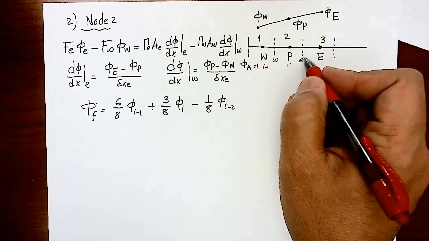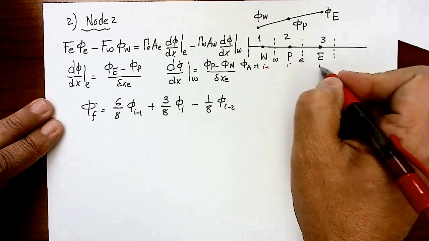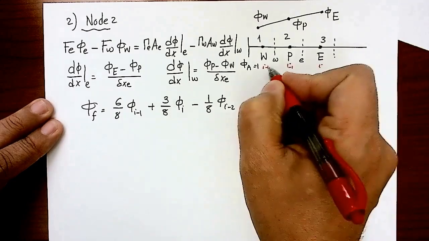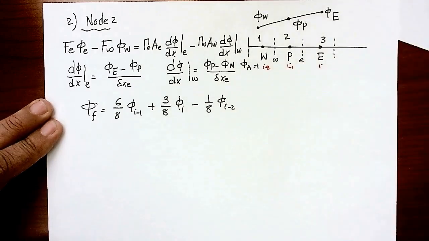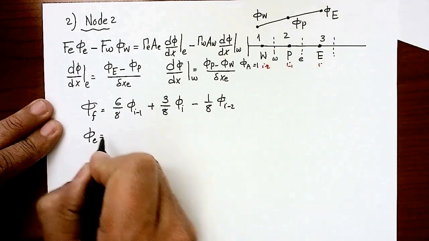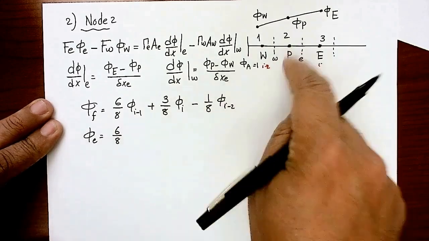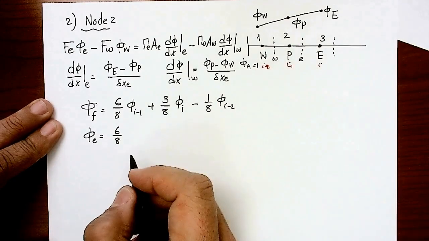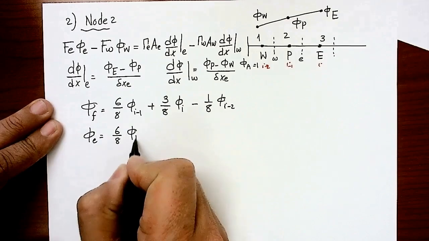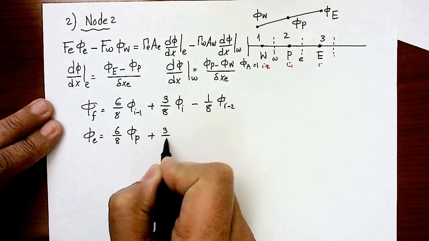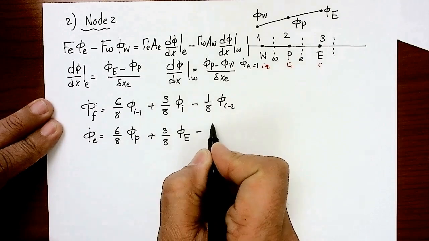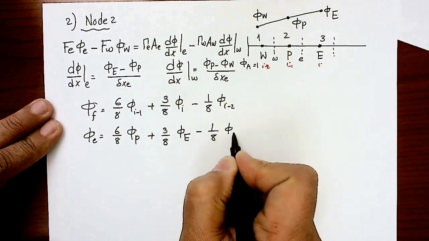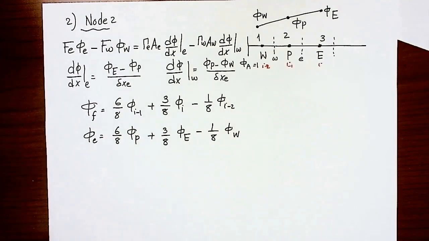So if we are on the east face, this will actually be I. This is I minus 1, and this is I minus 2. So for the east face, I will have the equation as phi east is equal to 6 over 8 phi P plus 3 over 8 phi east minus 1 over 8 phi W. So that's for the east face.